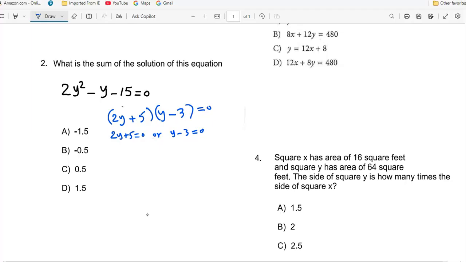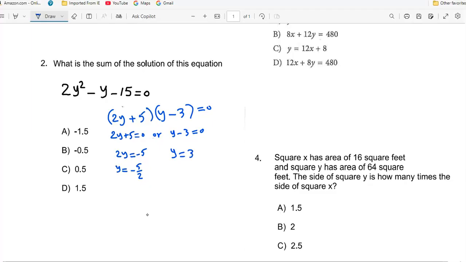So let's solve the one on the left. 2y equals, by subtracting 5 from both sides, and to find y, divide both sides by 2. That's what you're going to get, negative 5 over 2. And from the other equation, if I add 3 to both sides, I get y equals 3.